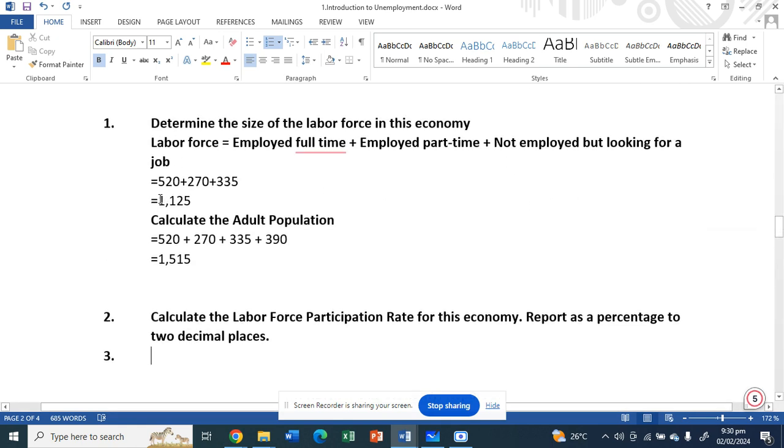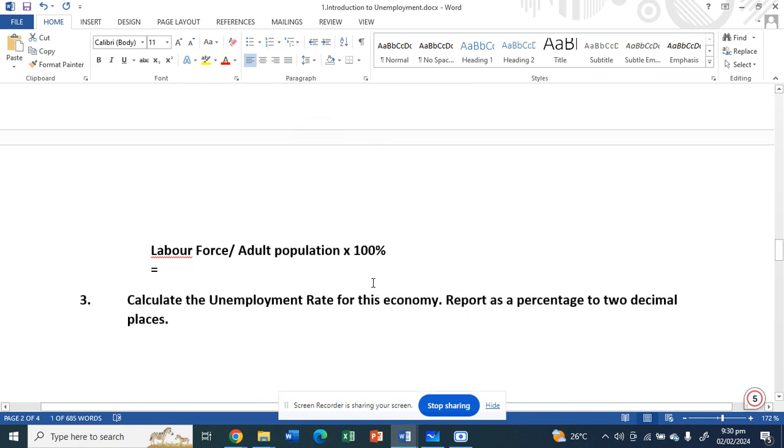So the labor force is 1,125 divided by 1,515, right? So basically what this is telling us is that out of the adult population in the nation, who are the ones who are employed and who are the ones who are not employed but are actively seeking a job. That's what the labor force participation rate is telling us.